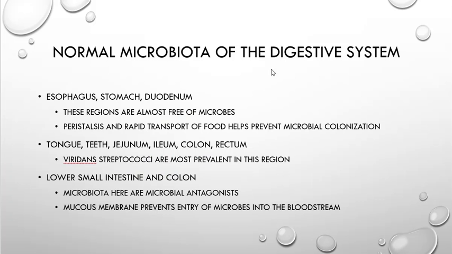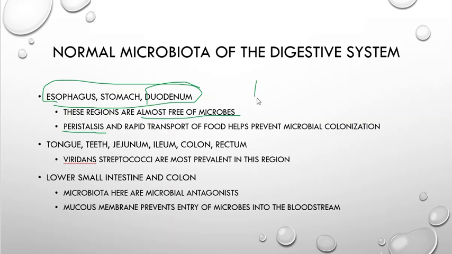The normal flora in the GI tract: the esophagus, the stomach, and the first part of the small bowel, which is called the duodenum. These regions are pretty axenic, not totally, but fairly. These guys undergo peristalsis.